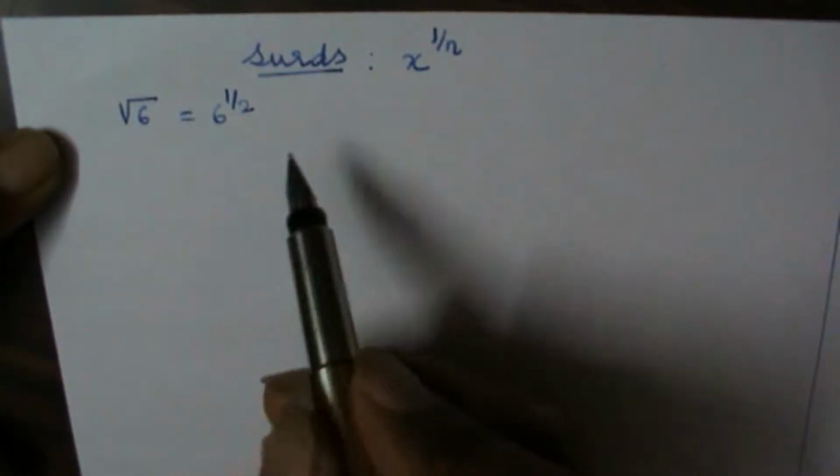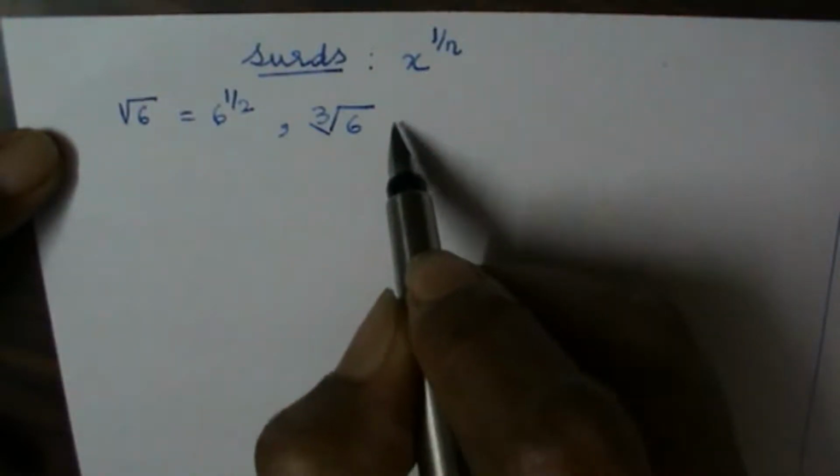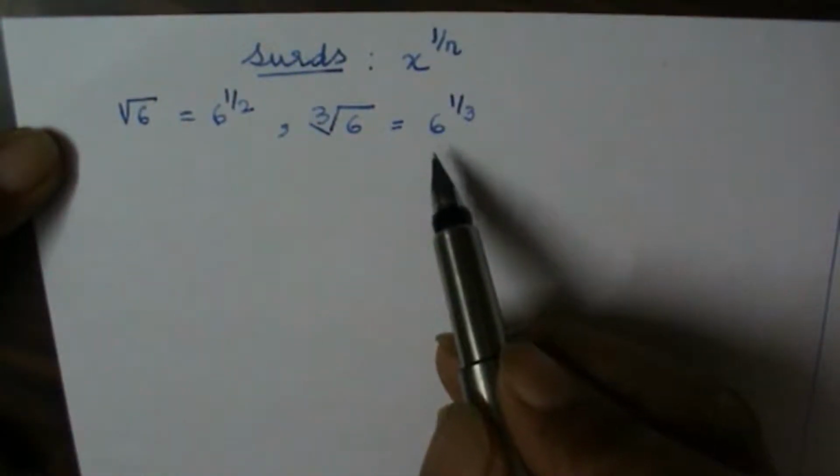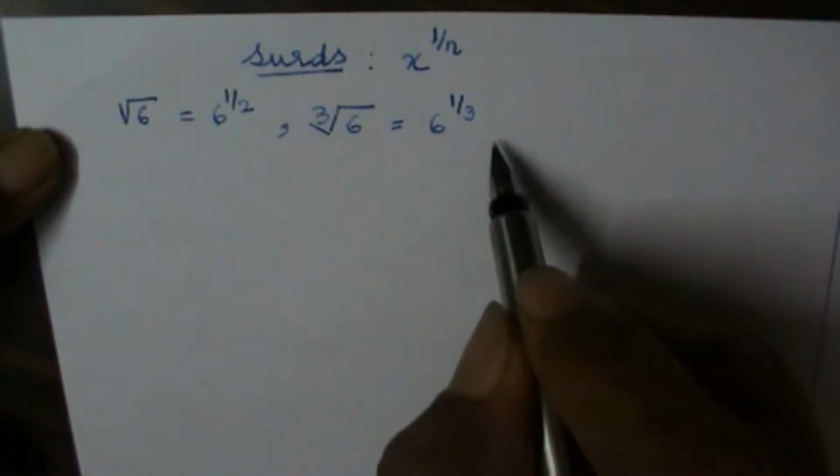And so you can have square root of 6, which is 6 to the power half, is a surd, because this is x to the power 1 upon n. Or you can have cube root of 6, which will be 6 to the power 1/3. Again, it is in this format, is a surd.